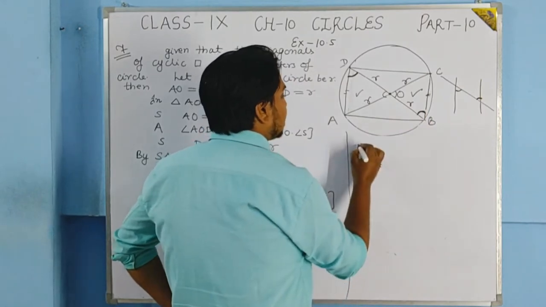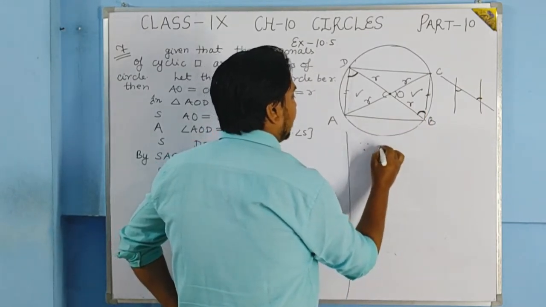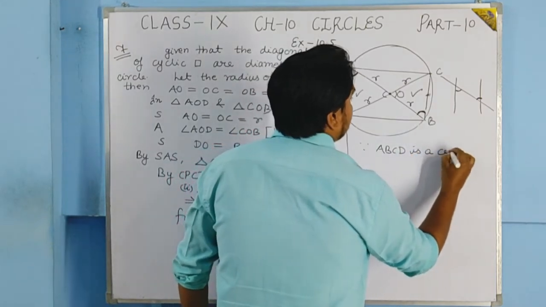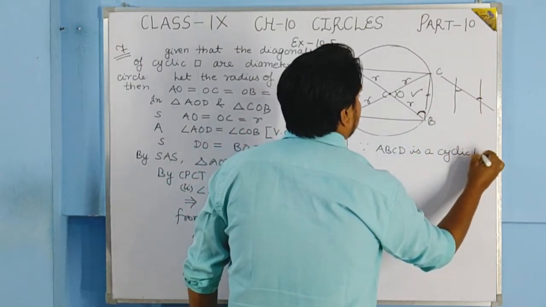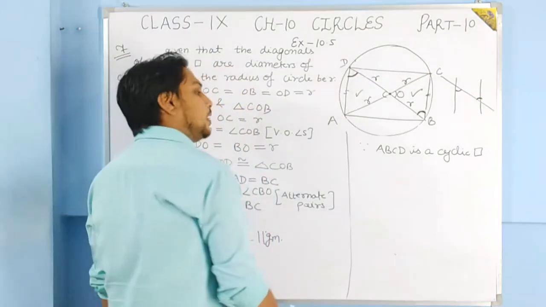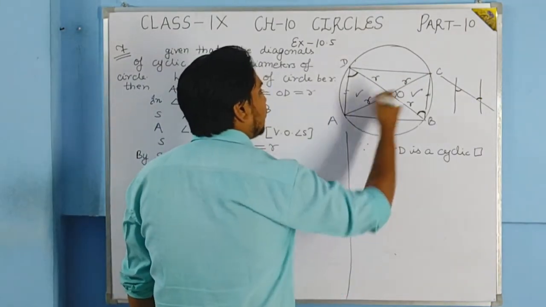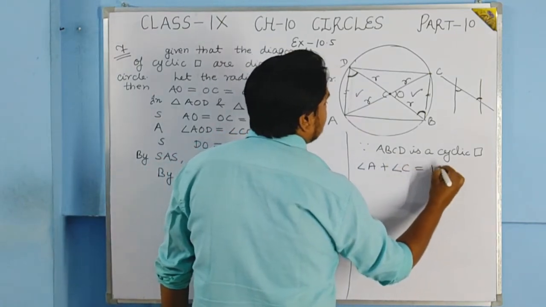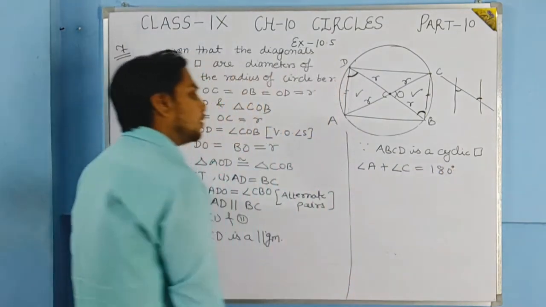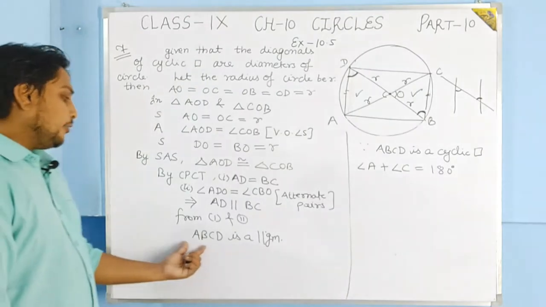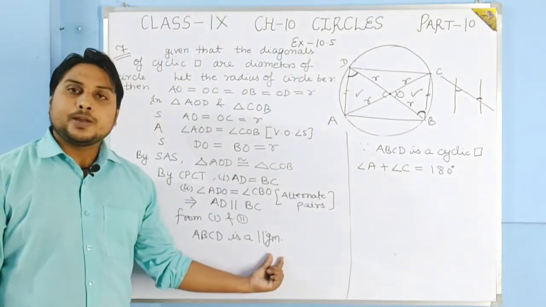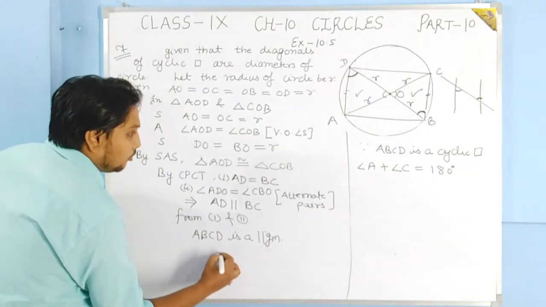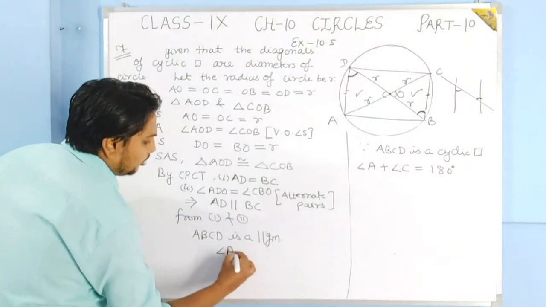So students, it is given that ABCD is a cyclic quadrilateral. Okay, cyclic quadrilateral, we know the property of a cyclic quadrilateral, that the sum of opposite angles is 180 degree. Okay, and from here, if we are saying that ABCD is a parallelogram, then obviously we know that in a parallelogram opposite angles are equal to each other.